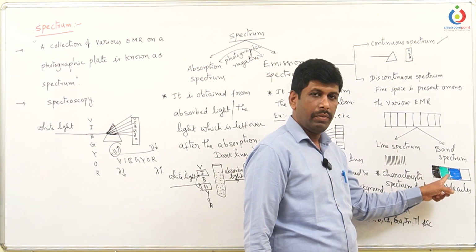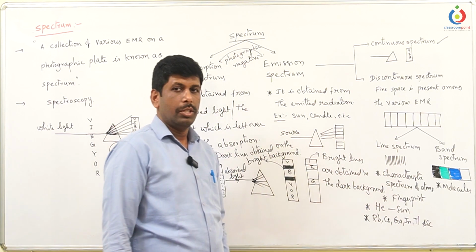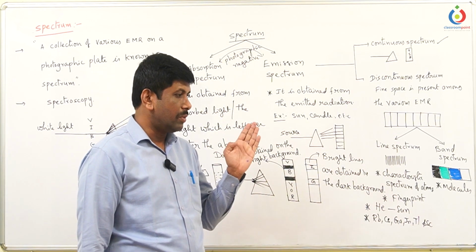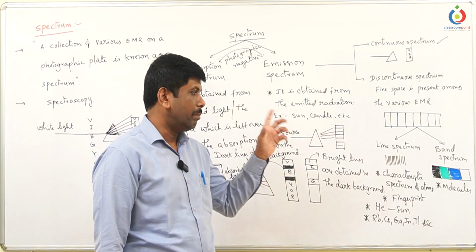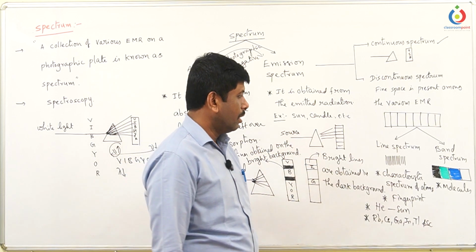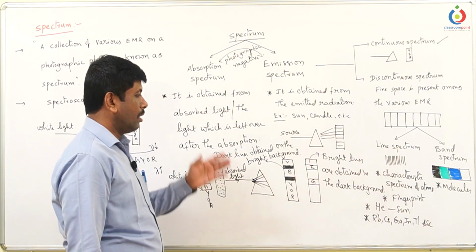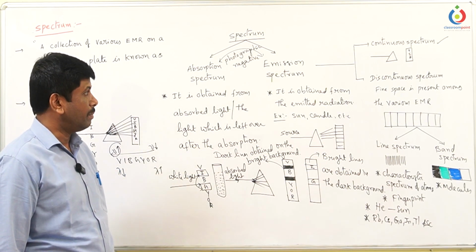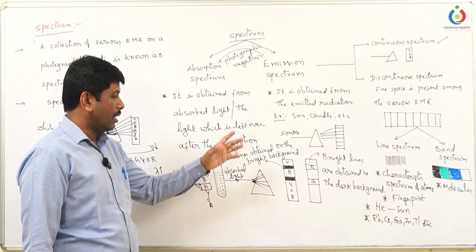Here also this is coming from the merging of one atomic spectrum with another atomic spectrum. So when atomic spectrums merge with each other, the spectral lines become a band, which gives the band spectrum for molecules, because molecules contain more than one atom, whereas here a single one is present. That's why it is giving finely spaced lines, that is line spectrum. So this is about the spectrum and the spectral characteristics.